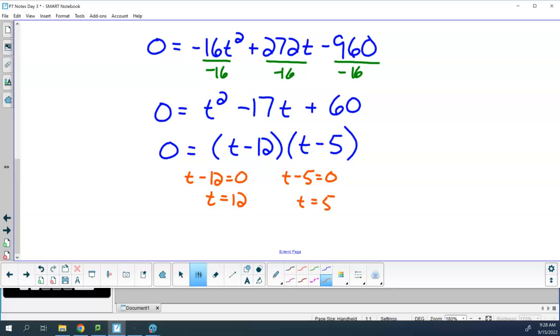Whoa, wait a second. Tap the brakes. Let's stay in our lane. Can that object be at 960 feet twice? Yes. Talk to me about when it's going to be at 960 feet. So it means it goes higher than 960 feet, right? On the way up, it hits 960 feet, and then it goes up even higher, and then it comes back down and hits 960 feet again.